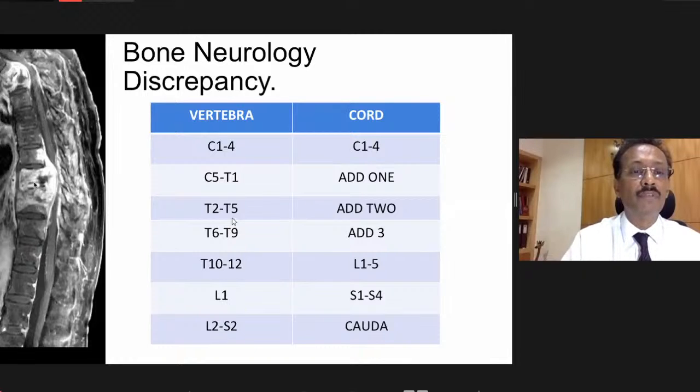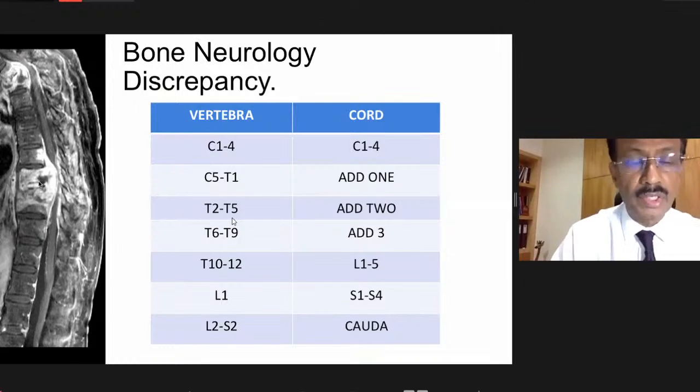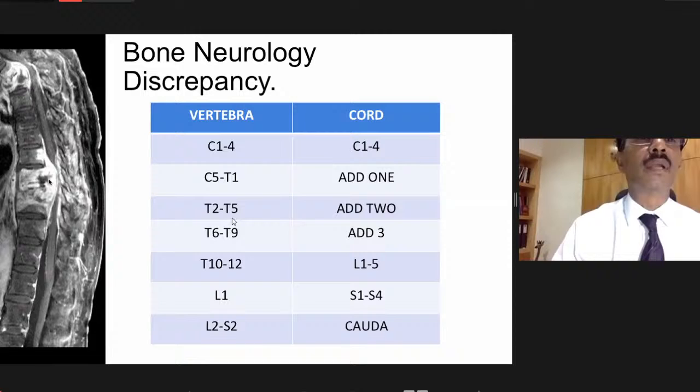So the bone level which you identify in the X-ray or the CT scan may be at one level, but the intraspinal component of the epidural abscess and the granulation tissue may be extending 2 or 3 levels above that. And this may be one of the reasons why you have a bone neurology level discrepancy.